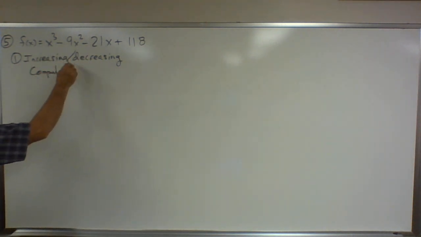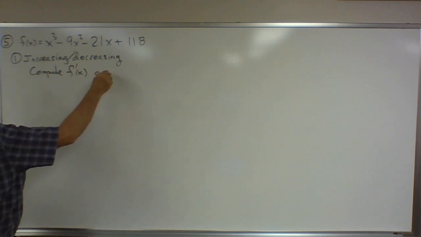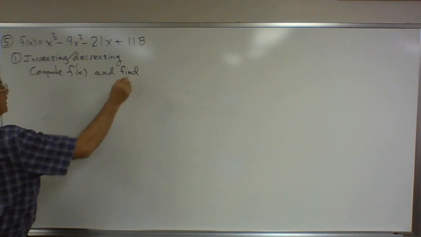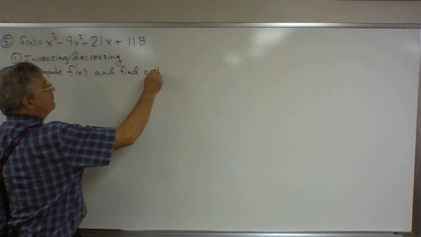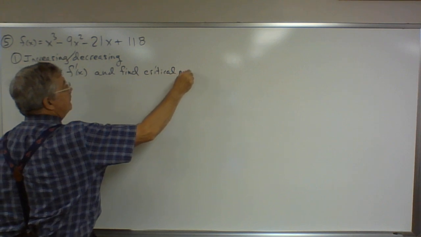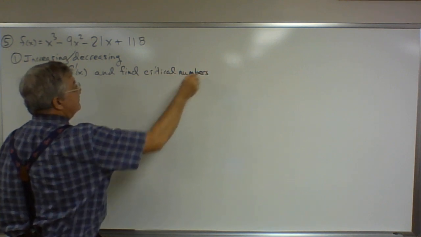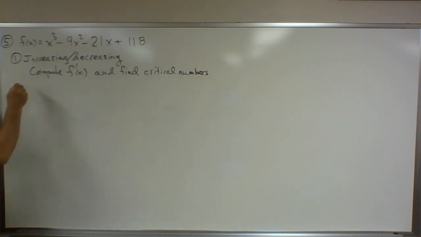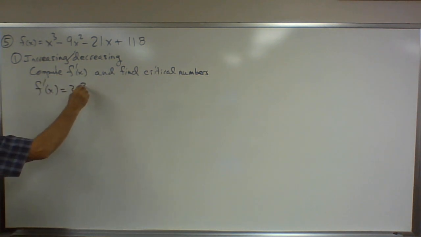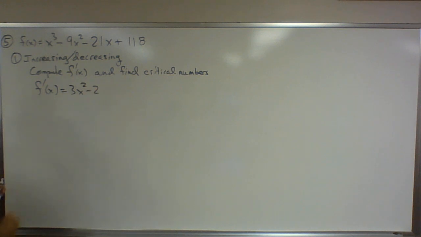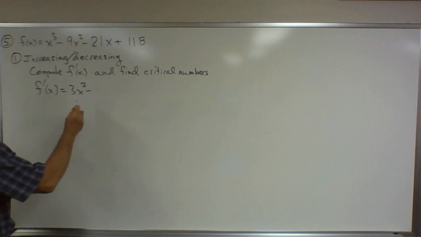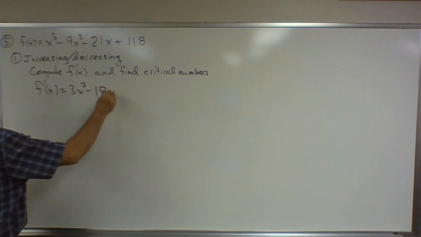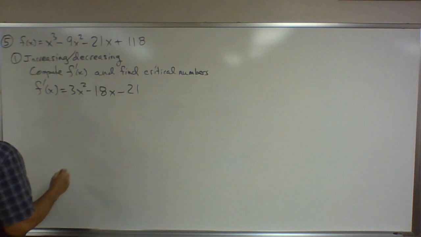So we compute the first derivative, and we find critical numbers. 3x squared minus 18x minus 21.